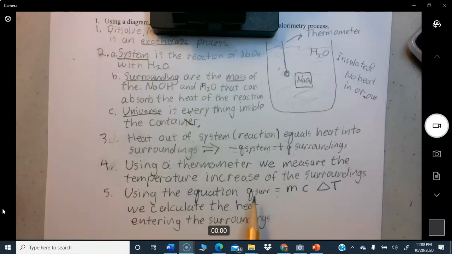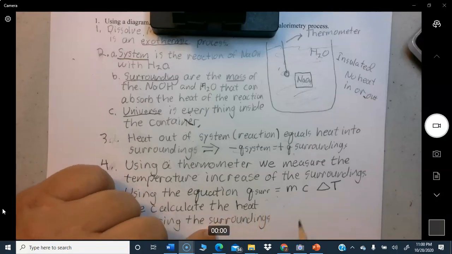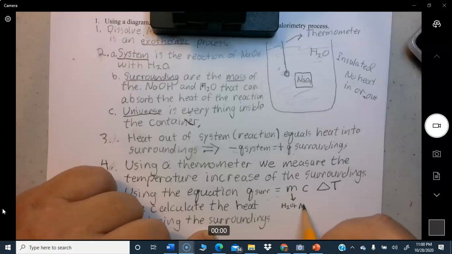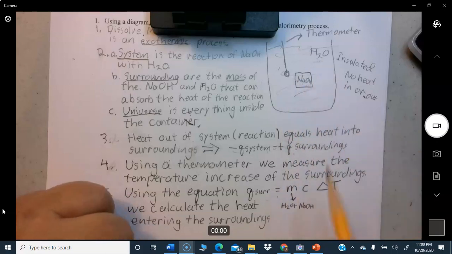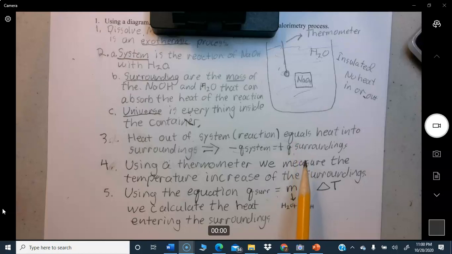Using this equation, that the heat going into the surroundings equals mass, specific heat, delta T, we calculate the heat entering the surroundings. Now a couple things about this. The mass is the mass of the surroundings. So that is H2O plus NaOH. It's really Na ions plus OH ions, we'll just call it. It's the entire mass that's in there. Everything, because both the water and the Na and OH ions are absorbing heat that's coming out of that chemical reaction.